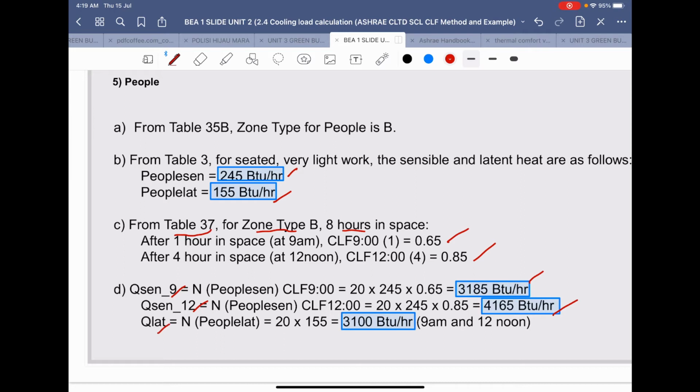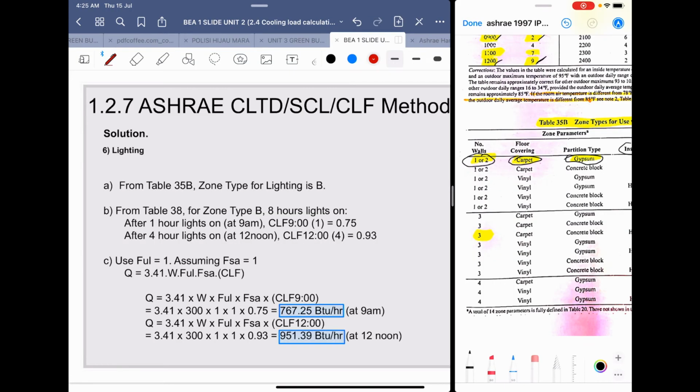The Q latent for people is the same at 9 and 12 noon because it's the same people in the room. The number of people is not changing, so we assume it's not different. Only the Q sensible has values at 9 a.m. and 12 noon.